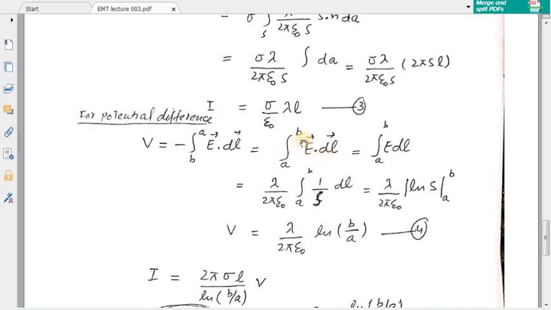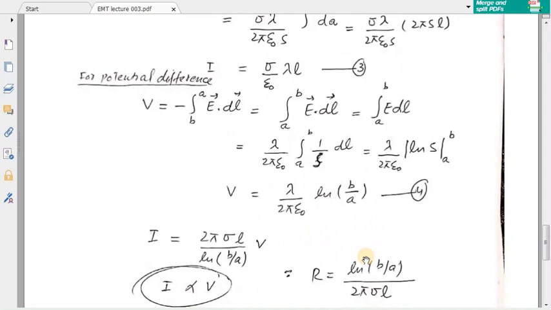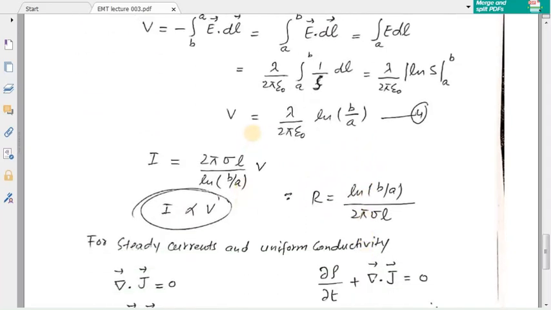By using the equation of electric field, we can write it as lambda divided by 2 pi epsilon naught, integral A to B of 1 over S dS. After integration, we get V is equal to lambda divided by 2 pi epsilon naught log of B over A. Replacing the value in the current equation, we get I is equal to 2 pi sigma L divided by log of B over A, times V.